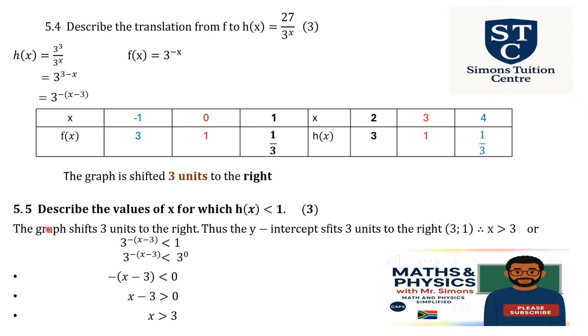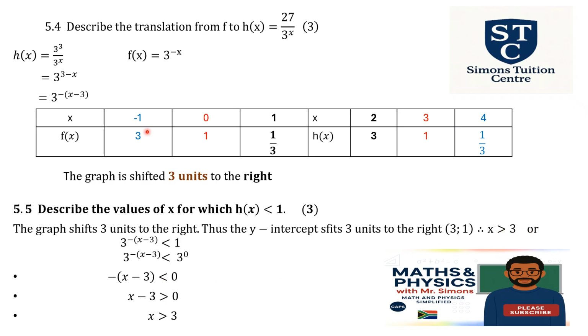Then 5.5, describe the values of x for which h of x is less than 1. We know the graph shifts 3 units to the right, thus the y-intercept shifts 3 units to the right. The y-intercept was (0, 1), so now it will become (3, 1). So therefore x is greater than 3.